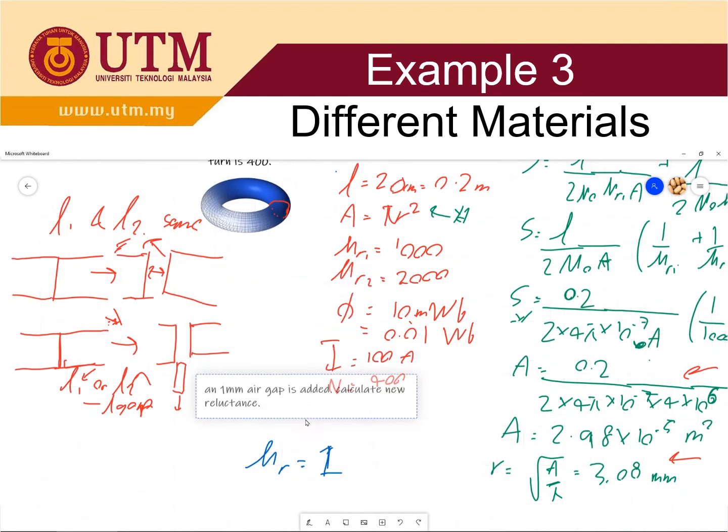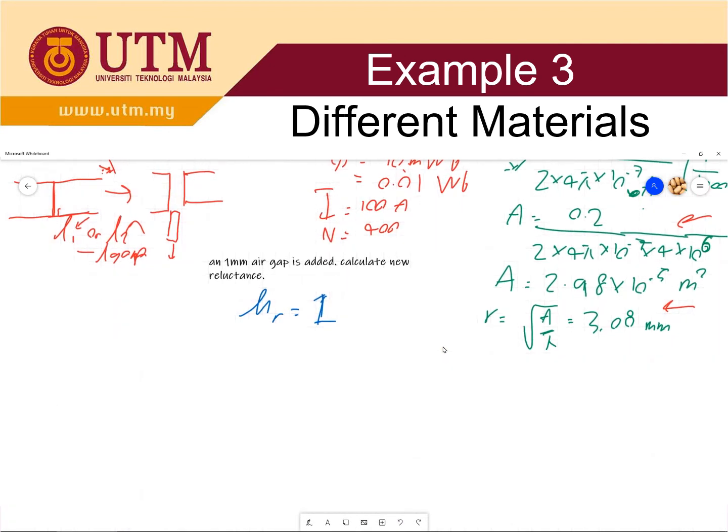So how to solve this? You already have the area, so you just use the area again. S total is L1 divided by mu naught mu R1 A, because you already have the area.